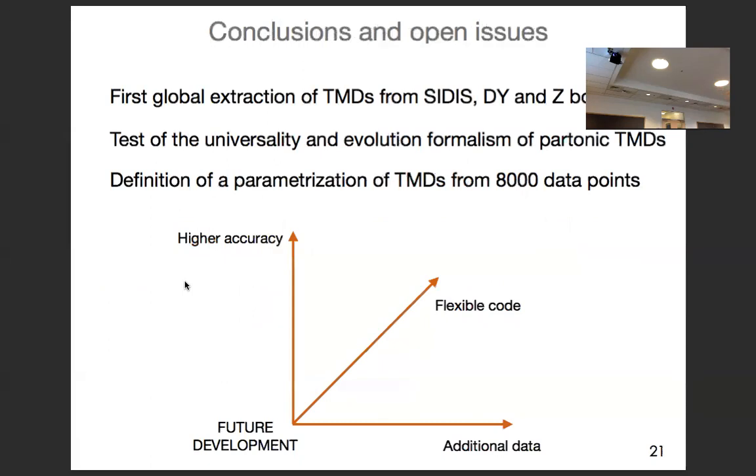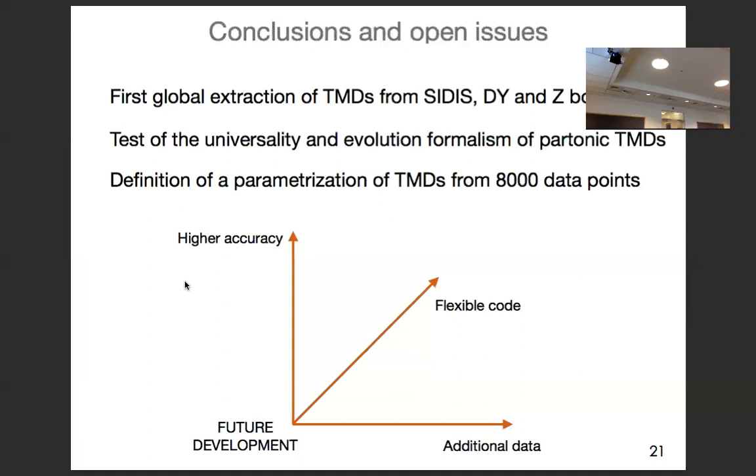Okay, to conclude the first part, and I hope not my entire talk: we tried this first global extraction of TMDs from SIDIS, Drell-Yan, and Z. We had the opportunity to test the universality and evolution of TMDs, and we investigated 8,000 data points.